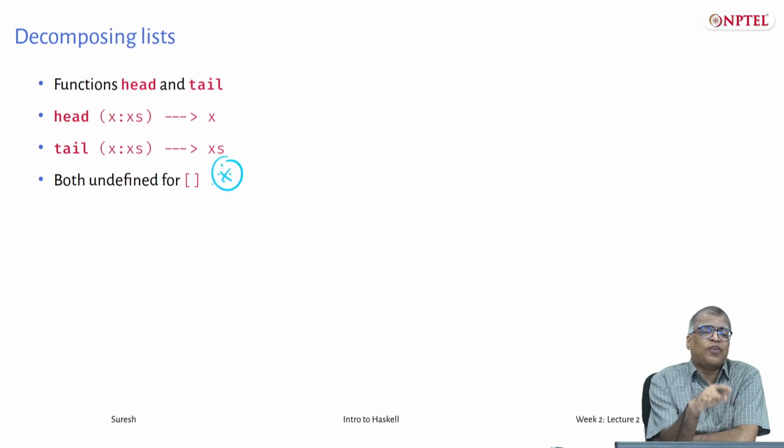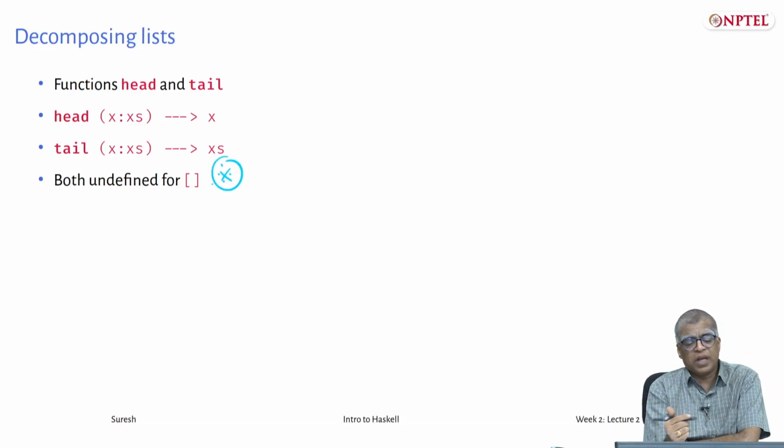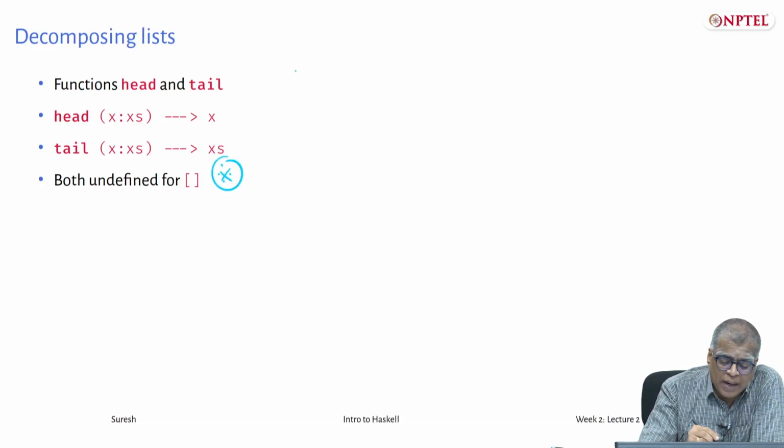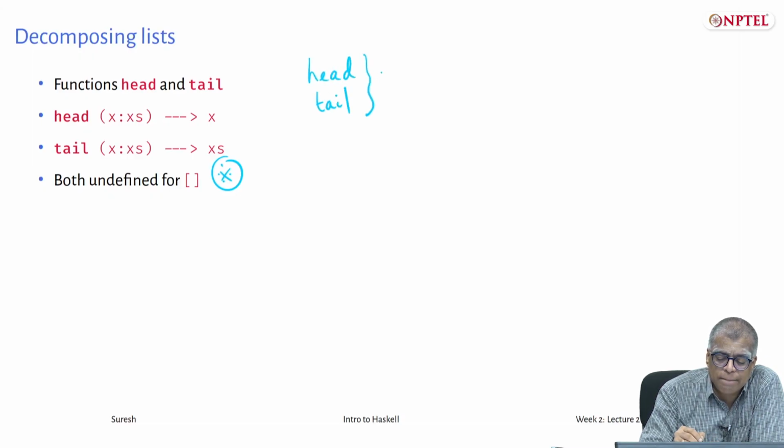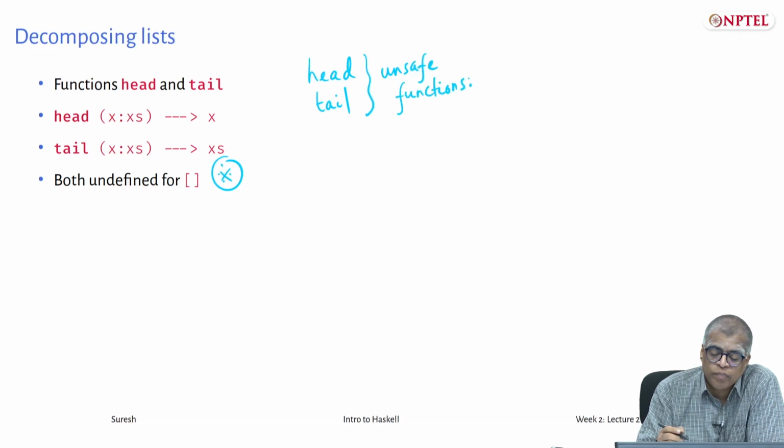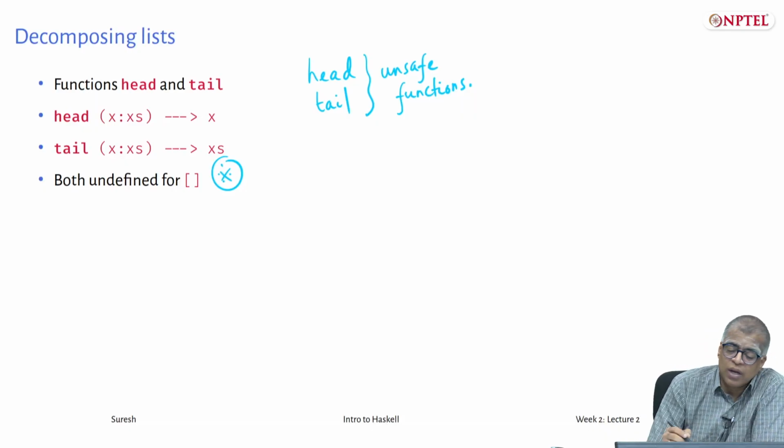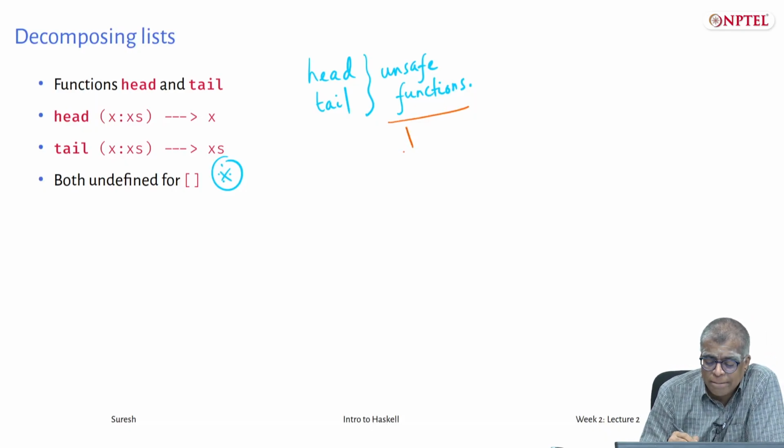Both head and tail are undefined for the empty list. So head and tail are what you may call unsafe functions, because they will cause a runtime error.